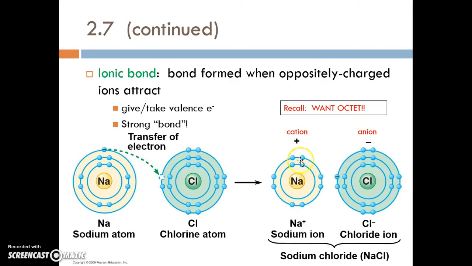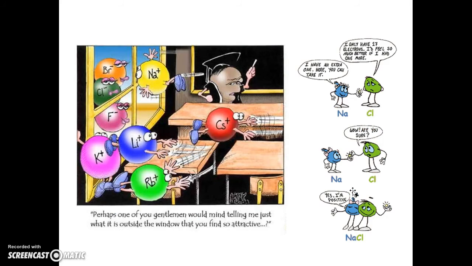And because he's slightly positive and he's slightly negative, they're going to stick together, sort of like a magnet. So wherever positives and negatives are, we think that, hey, they're going to attract each other, they're going to stick to each other and bind. So that's kind of what you're seeing in this cartoon.